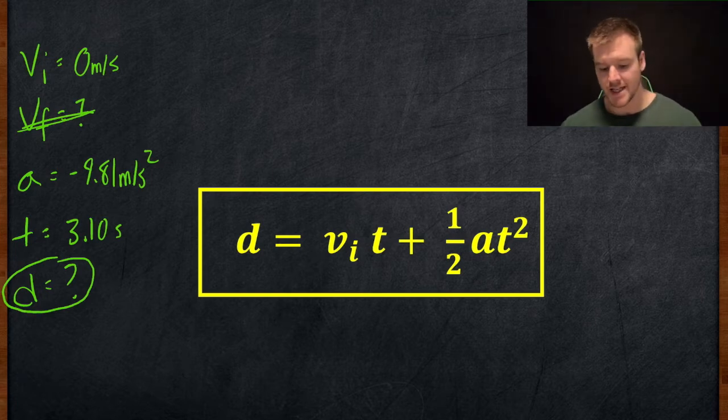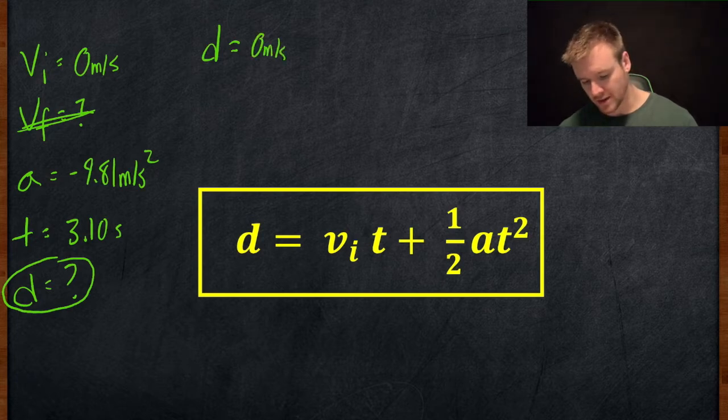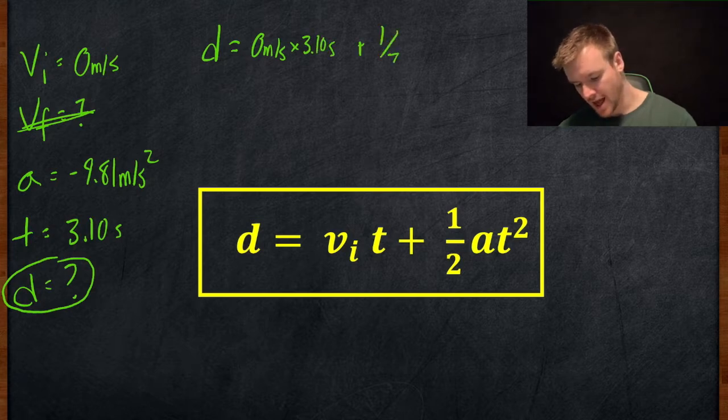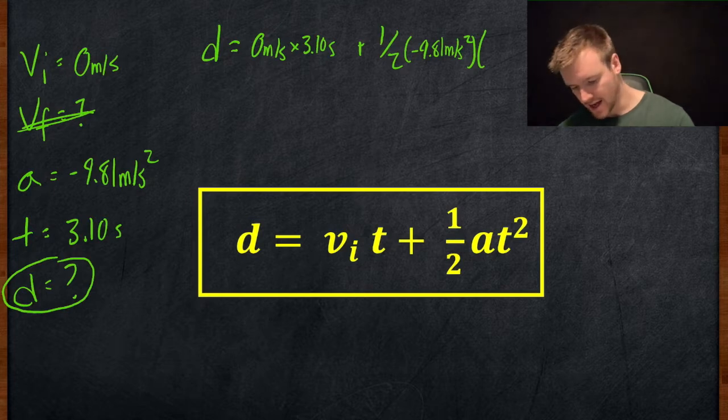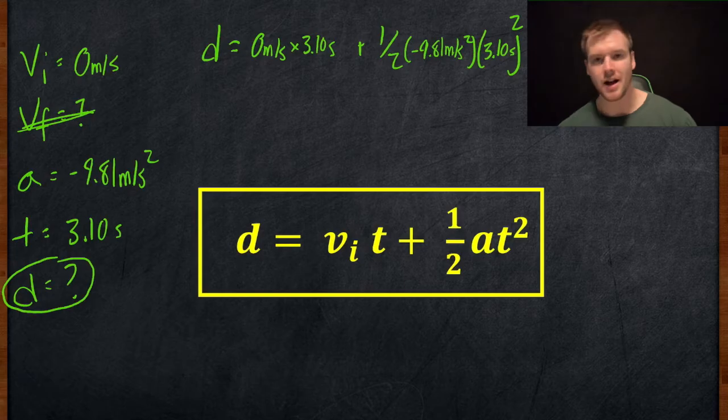So I'm going to write D, which is equal to VI, that was 0 meters per second, multiplied by our time of 3.10 seconds, plus half of our acceleration, negative 9.81 meters per second squared, important to include the negative, multiplied by the time, which is 3.10 seconds, and we square the time.